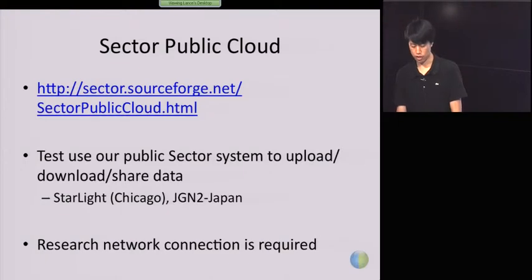Right now this is not big because it's just for testing purposes. We have 2 clusters. One is in downtown Chicago, called the Starlight Data Center, and the other one is in Japan. They are connected on JGN by a 10 gigabits per second high-speed connection. I think right now there are about 50 terabytes of available disk space in that system.